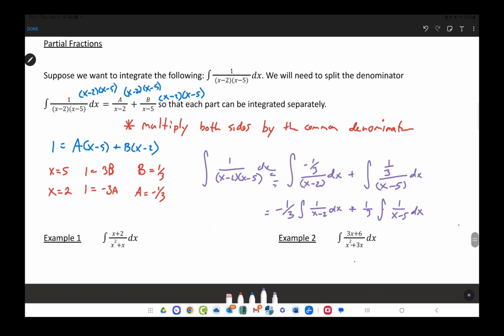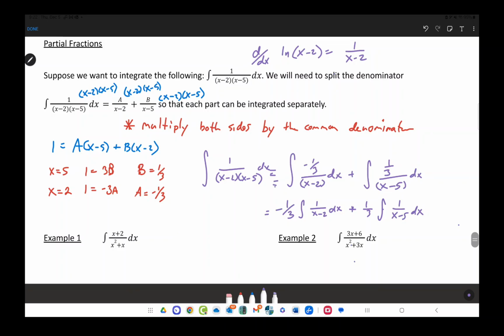Since we know the derivative of the natural log of x minus 2 is equal to 1/(x minus 2), that means the antiderivative of 1/(x minus 2) is the natural log of x minus 2.